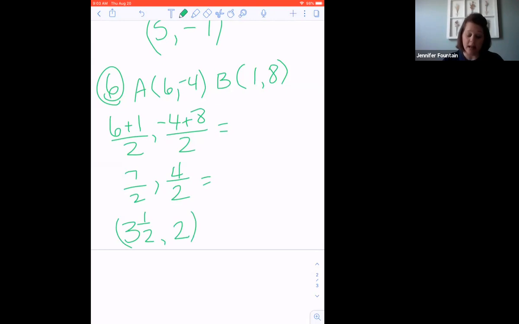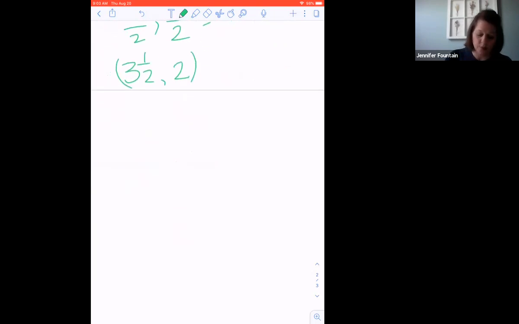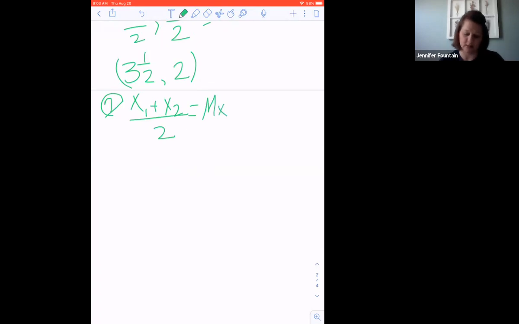All right, so for 7 through 9, it says find the coordinates of the other endpoint of a segment with the given endpoint and the midpoint. So remember, we have x1 plus x2 divided by 2 equals the midpoint x.